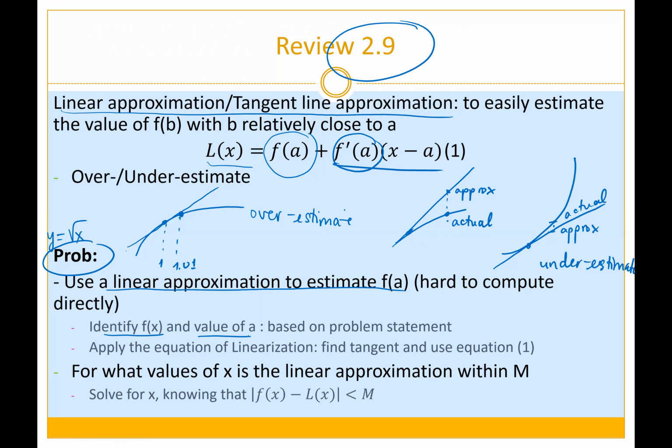This is all based on the problem. Say you're asked to find the cubic root of 3.2; then f(x) is going to be the cubic root, and the value of a can be 3, it can be 4, any nearby value where we already know the cubic root value.